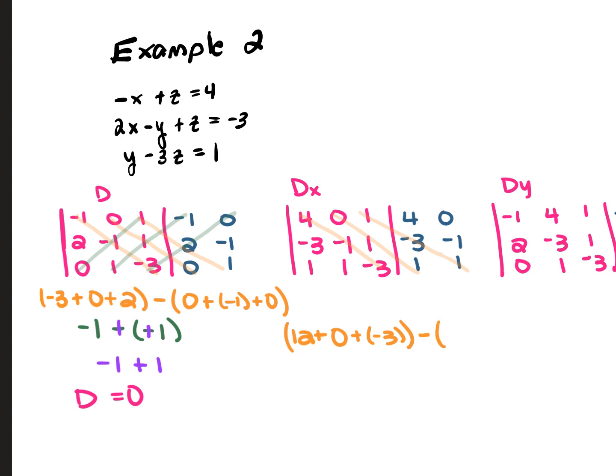Going from the bottom to the top, you have negative 1 times negative 1 times 1 is negative 1. Plus 1 times 4 is 4. Plus negative 3 times 0 is just 0. So your 12 minus 3 gives us 9. Minus negative 1 plus 4 is 3. This gives us a d sub x of 6.